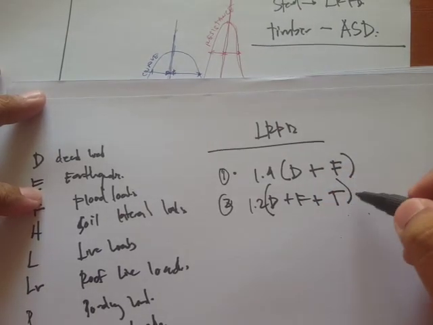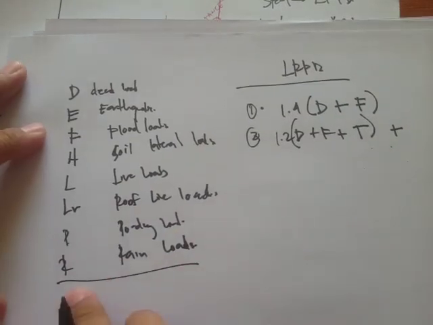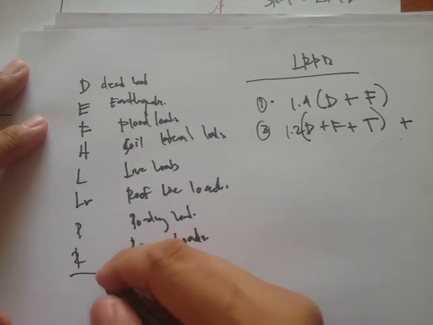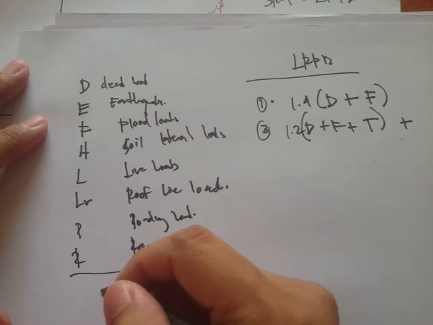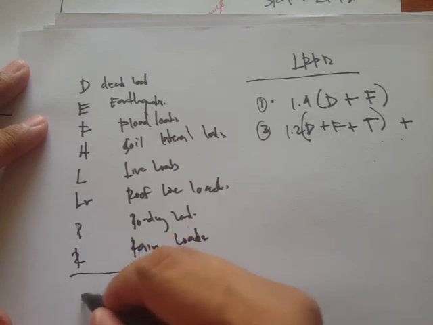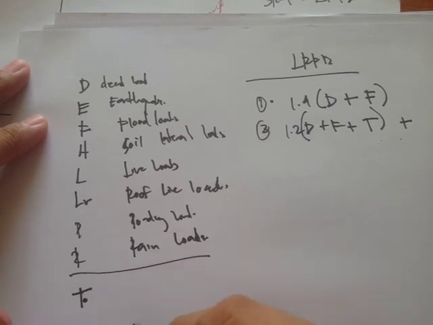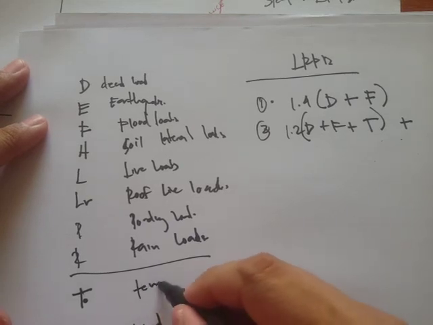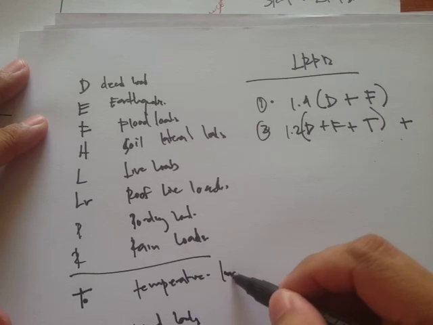Okay, and there's a parenthesis. Oh sorry, I forgot. There's still the self-straining force arising from contraction or expansion from temperature change, that's letter T. And then wind loads, right? So wind, and temperature loads.